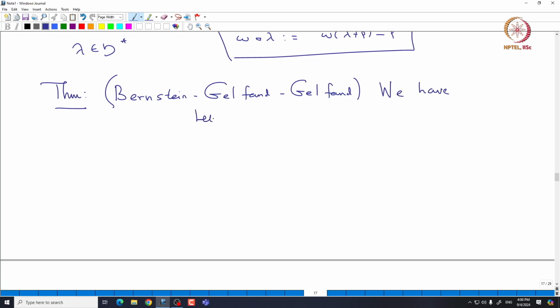So let lambda be dominant, and we have a long exact sequence of g modules.